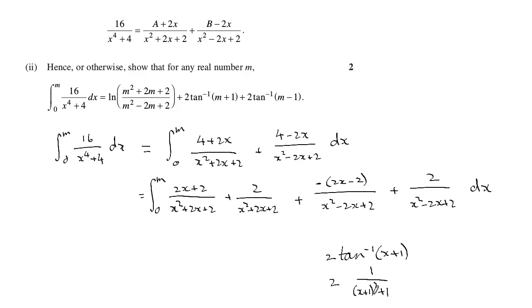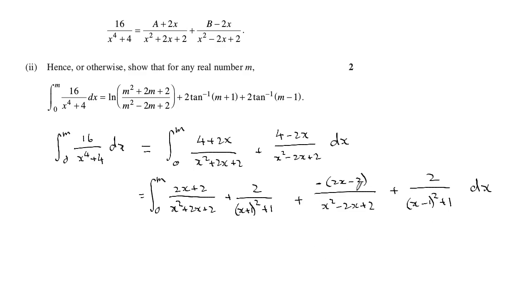If you expand that, you get x squared plus 2x plus 1 and then plus another one, so that's great. And then this one will be x minus 1 squared plus 1. So actually what I might do is replace these with x plus 1 squared plus 1, and that one's x minus 1 squared plus 1.